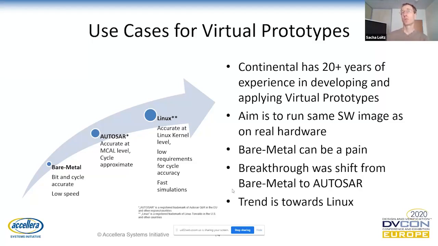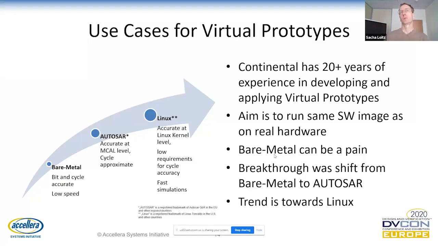So for us, the breakthrough for virtual prototypes came with AUTOSAR, where with the MCAL layers, you have a clearly defined abstraction level that you can use to communicate between software developers and the providers of the virtual platform. They can talk about which of these MCALs are used in which stage of your development and how they are used.